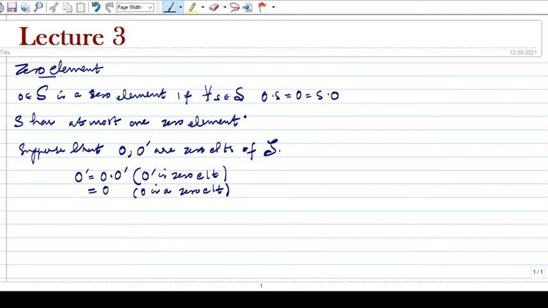Second thing we must observe is whenever we say that S has a zero element, we must emphasize the cardinality of S. That means S must contain at least two elements. Why?